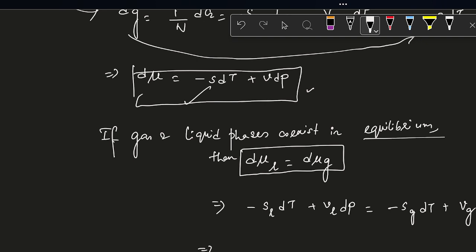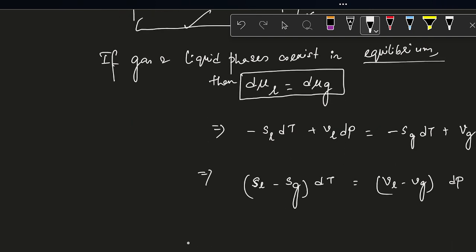This is small s, do not get confused, it is S by N, not the capital S. Small s G minus small s L into dT is equal to small v G minus small v L into dP. So now you directly get dP by dT, equal to small s G minus small s L divided by small v G minus small v L.